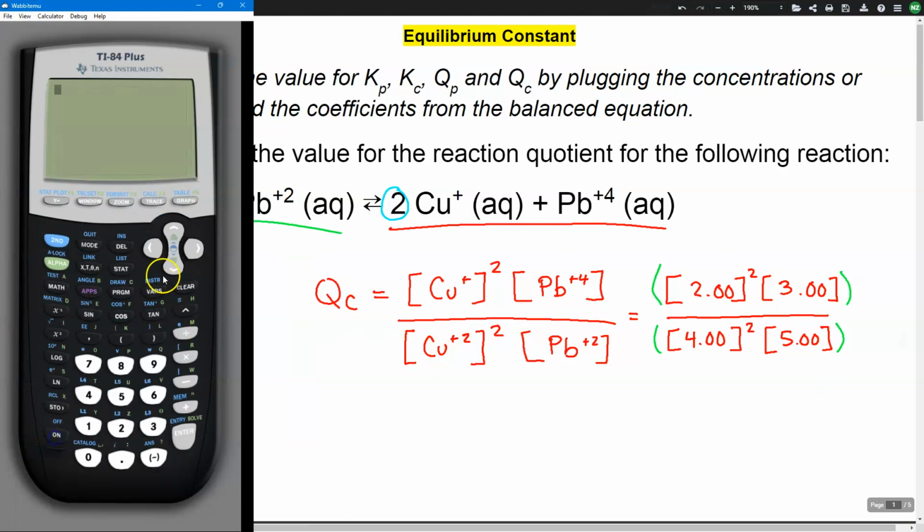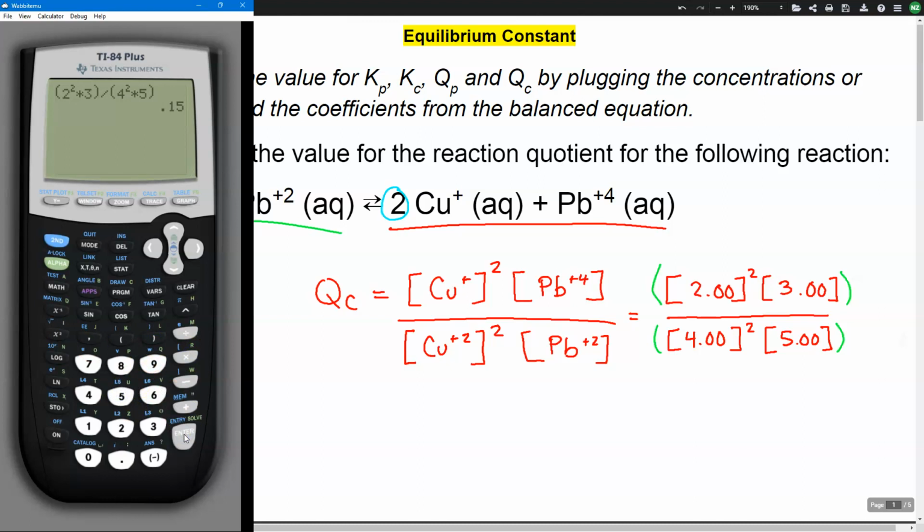So let's go ahead and do this on the calculator. So I'm going to use parentheses for the top. So, oops, let's try that again. So we have 2 raised to the power of 2 multiplied by 3. And then we're going to divide that by the denominator, which is 4 raised to a power of 2 times 5.